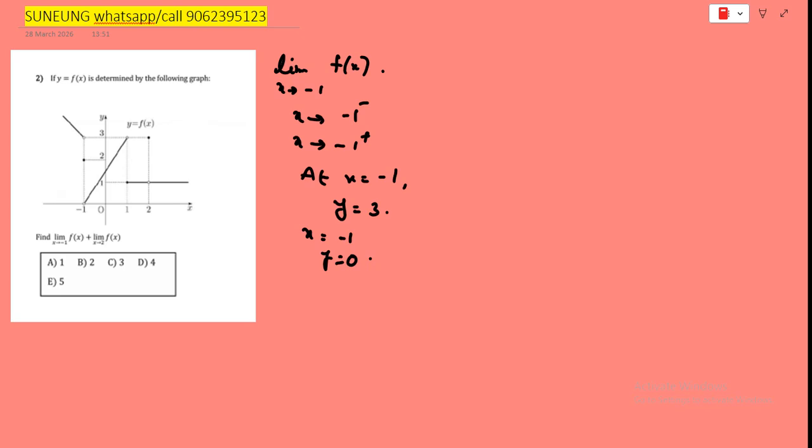Okay, so look at the horizontal line at y is equal to 1. From the left, 2 minus, we are walking along the line and the y value is 1. And from the right, that is 2 plus, we are walking along the same line, the y value is 1. Now notice that x is equal to 2.